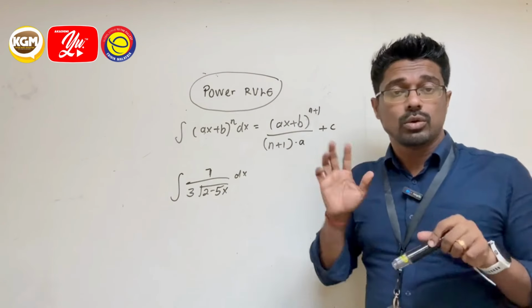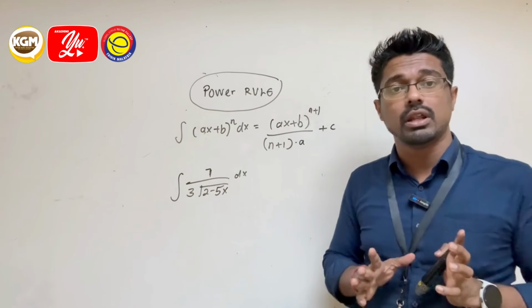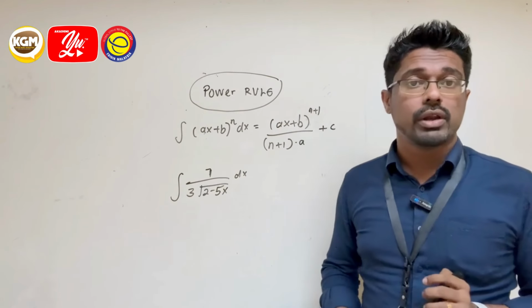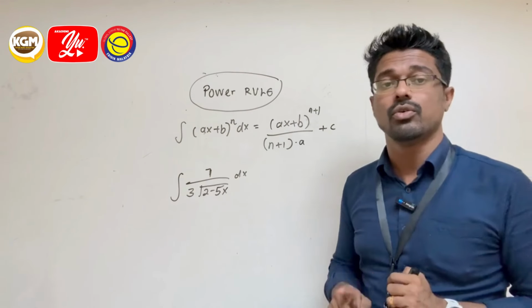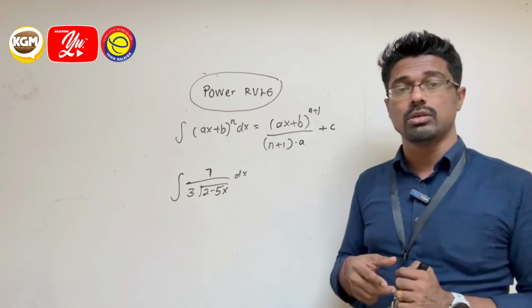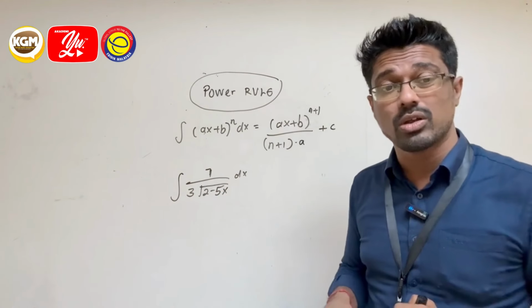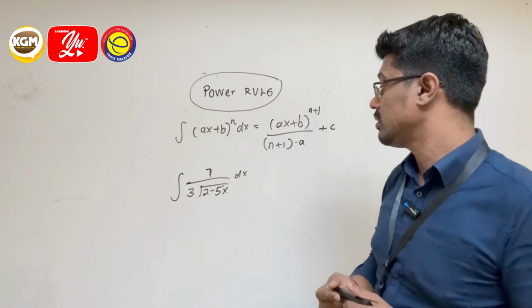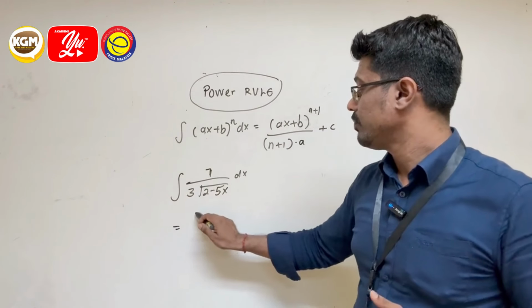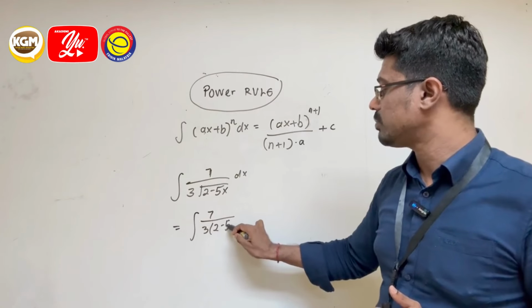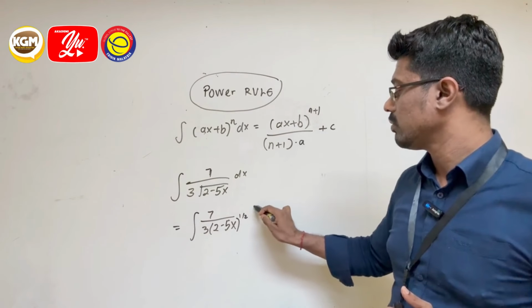Okay guys, as I told you again and again, before you integrate, please think about whether we are ready to integrate. Here, if you follow the Sespat rule, there are 2 things you need to solve. One is, you have a root, so when you have a root, convert to power. It becomes (2 minus 5x) power 1 over 2.